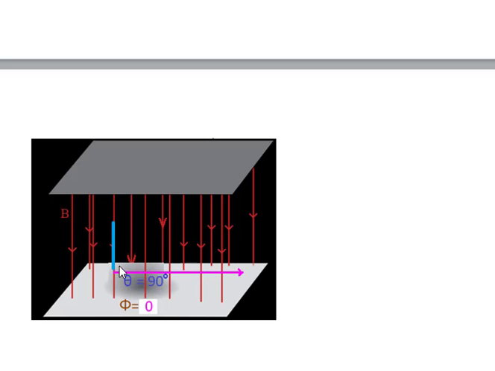Here theta gets the value 90 degrees, so cos 90 is 0. So the magnetic flux is 0 when a surface is placed parallel to the magnetic lines of force, perpendicular to the normal.